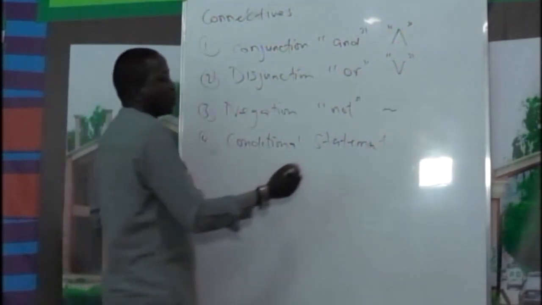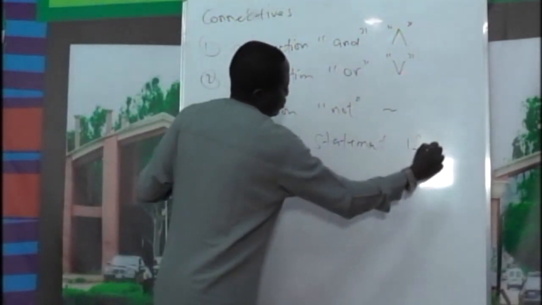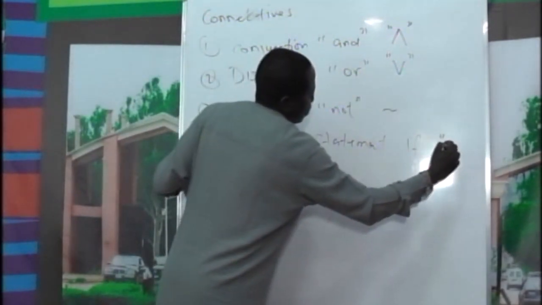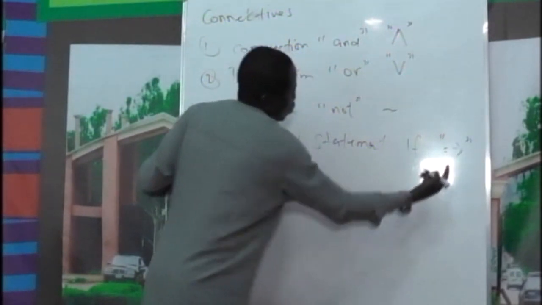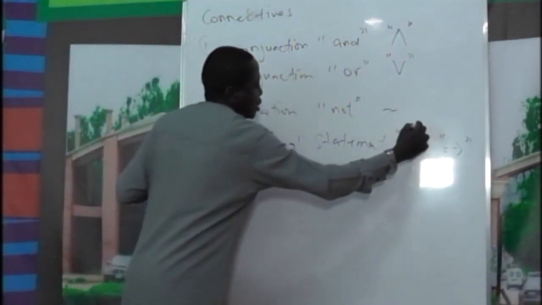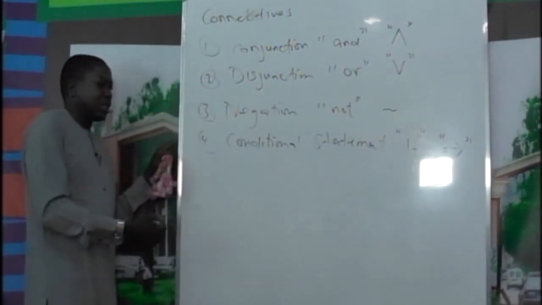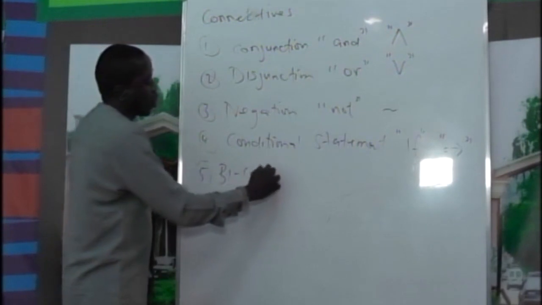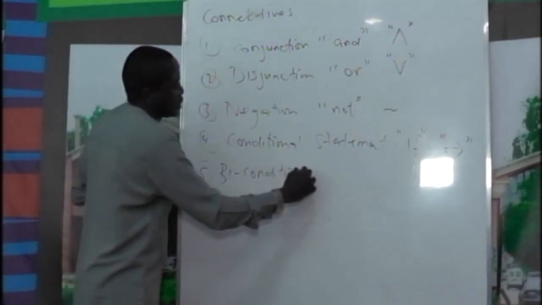And this one, we use if. And this is the symbol, implies. We use implies for conditional statement. The fifth one, we call it biconditional statement.